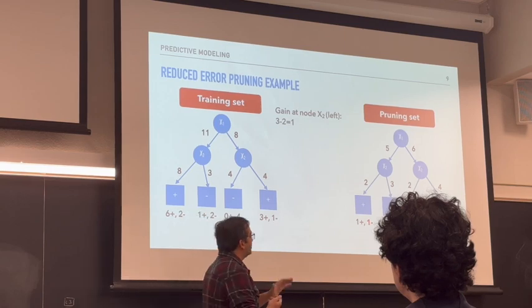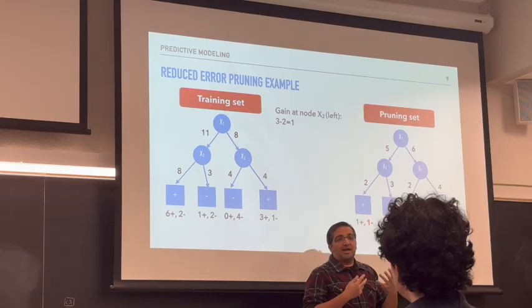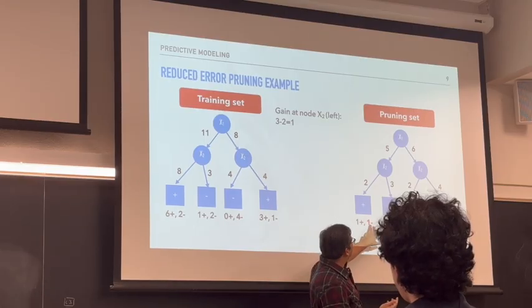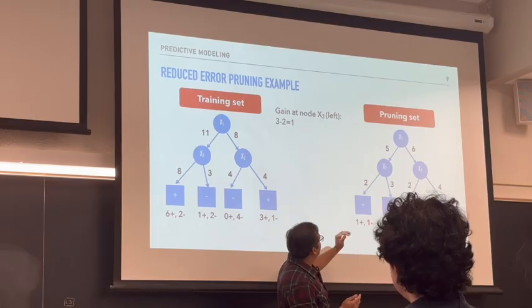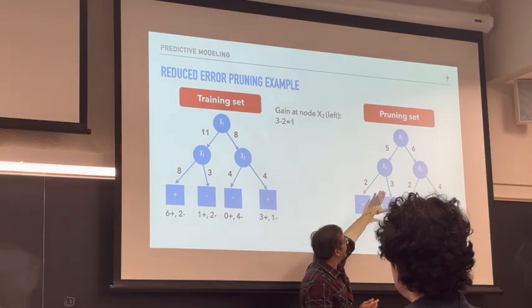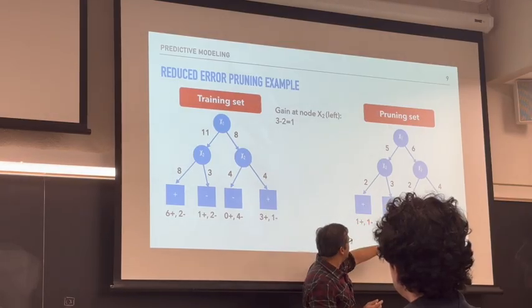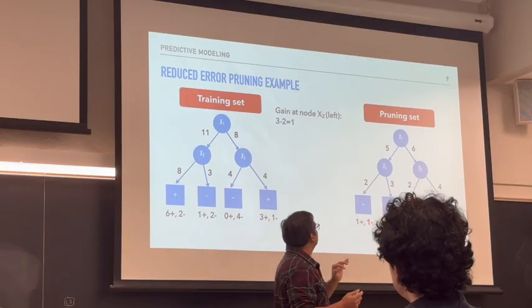This is my tree when applied to the validation set, and the red numbers are mistakes. Right now, this tree on the left-hand side, the left subtree of x2, is making 3 mistakes.